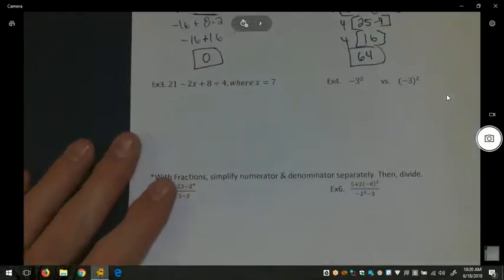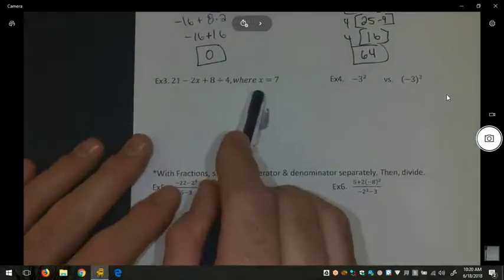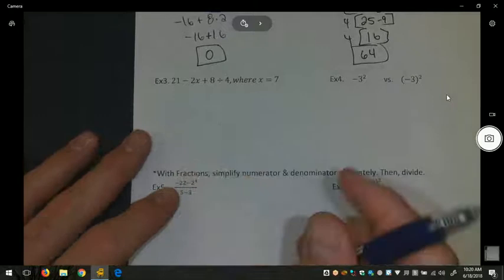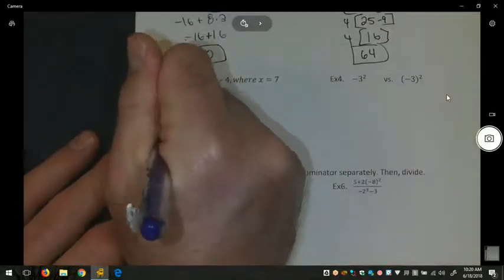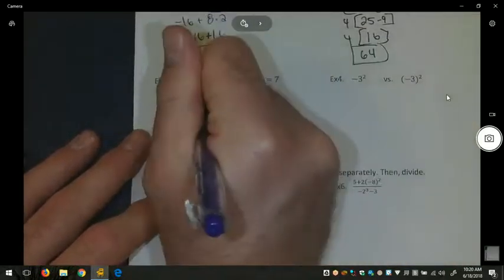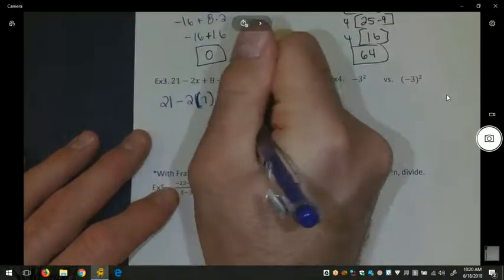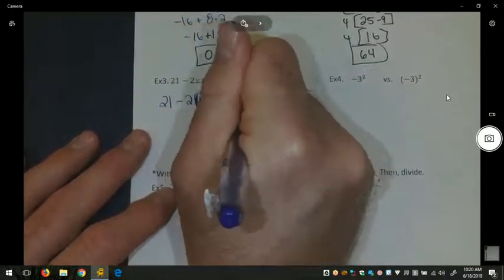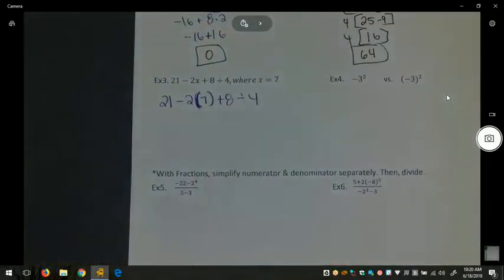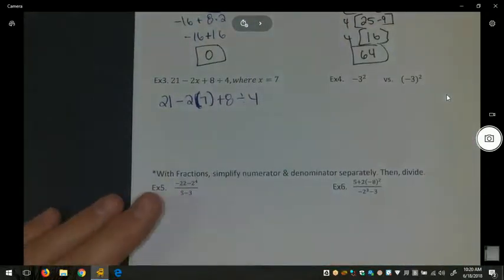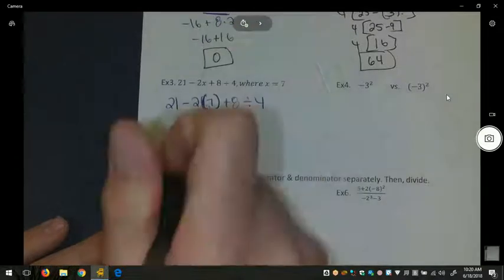Example 3, where x equals 7, we're doing this expression and we have to simplify it. 21 minus 2 times 7, so I put that in parentheses, plus 8 divided by 4. Order of operations tells me to do parentheses first.